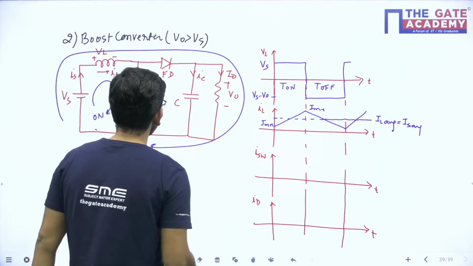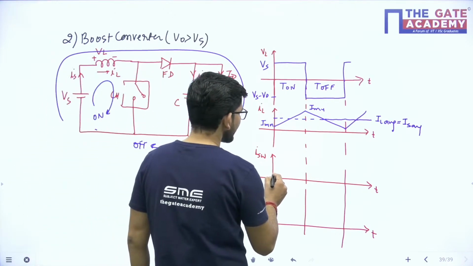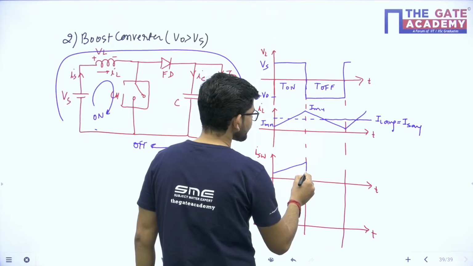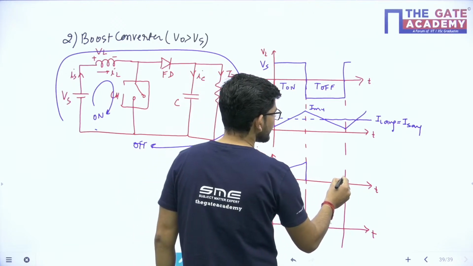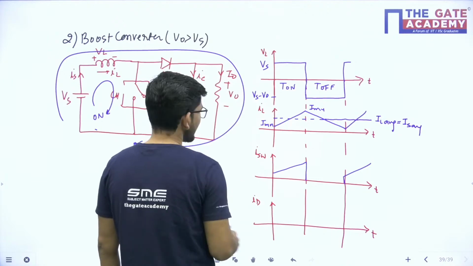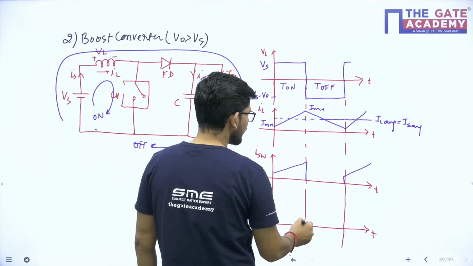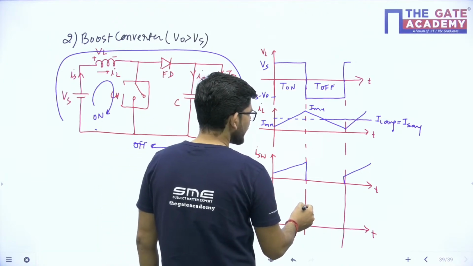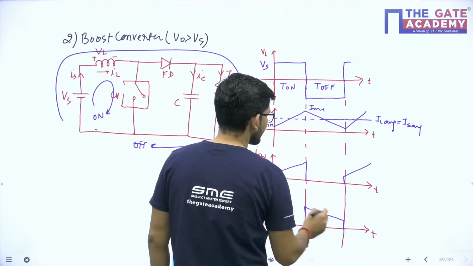Now if we talk about the switch current, the switch will carry current during the on period only, isn't it? If I talk about the diode, the diode will carry the same inductor current during the off period, isn't it?